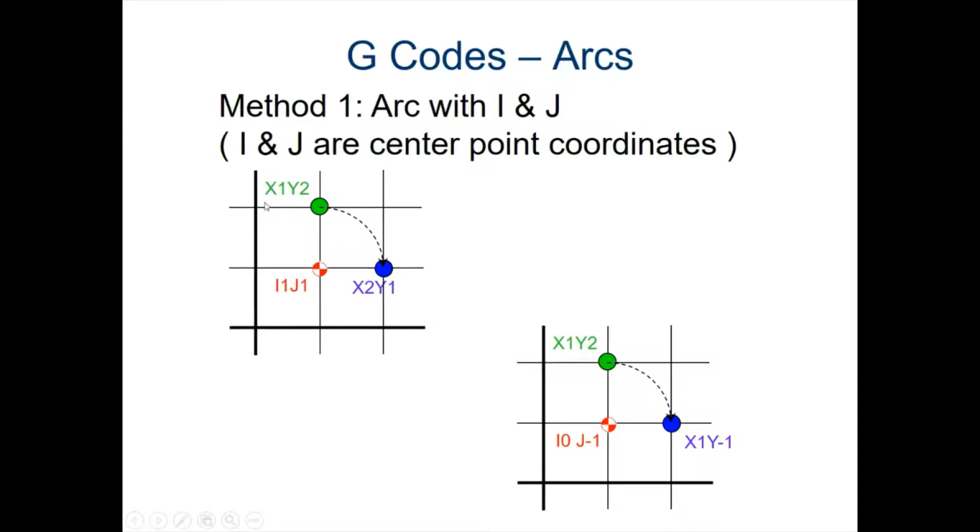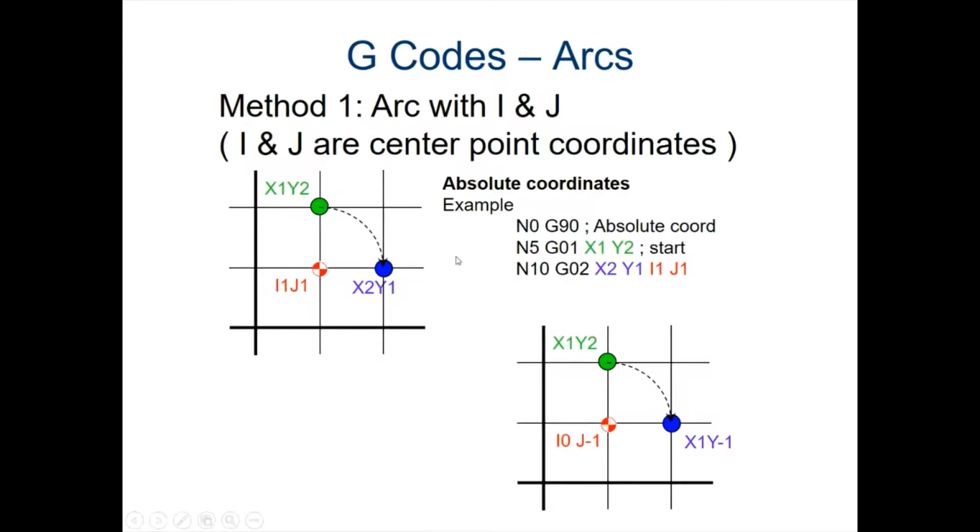So this first position, the X1, Y2, that position you'll already be at. This one is not going to go into your command line. You should already have gotten to that point with your previous command lines, your previous steps. And so in our command line, when we're actually putting this code in there, we are going to use our G02 code to go from that starting position.